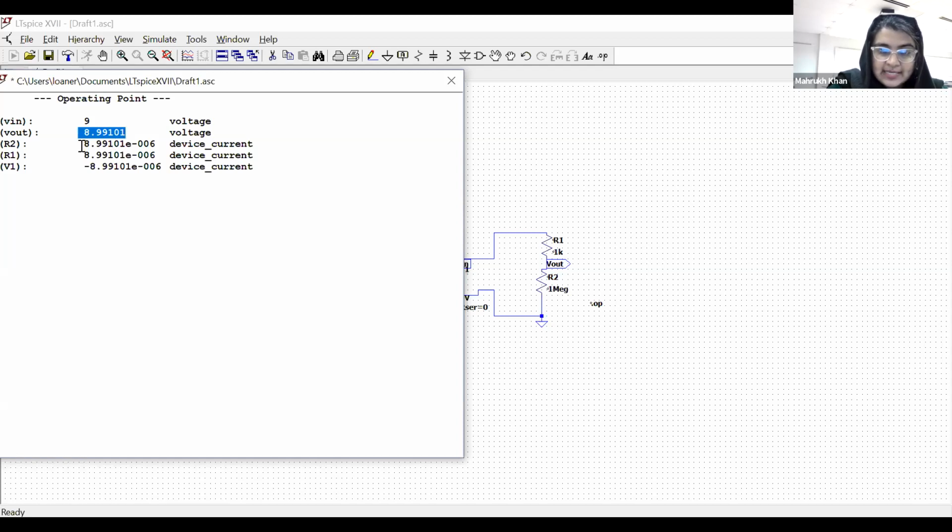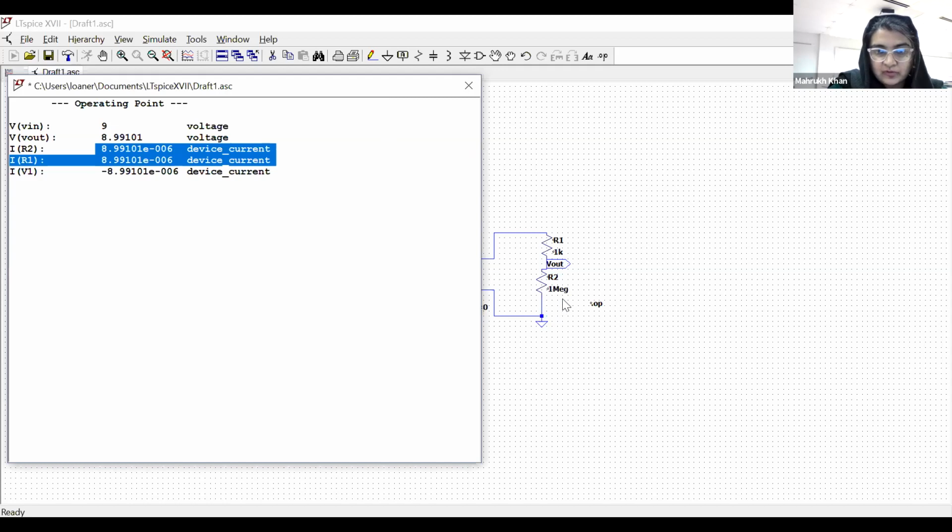Now you can see that your device currents are also reduced by a huge amount. Why is it happening? Because you have 9 volts divided by, now your resistance is increased by at least 10 raised to power 3, right? So that's why your current is reduced.